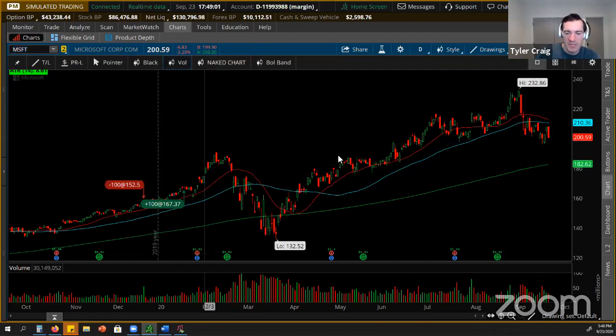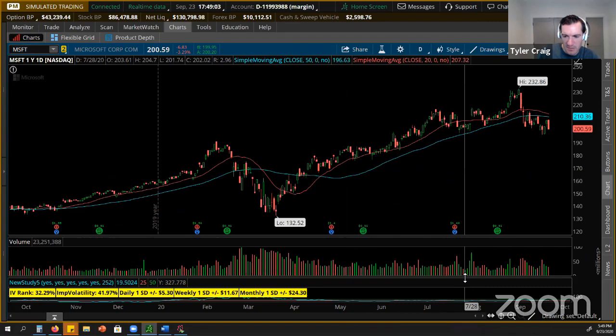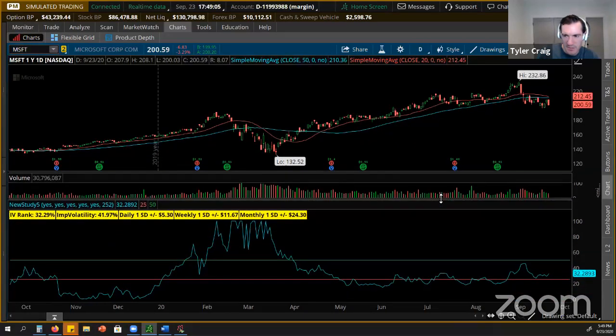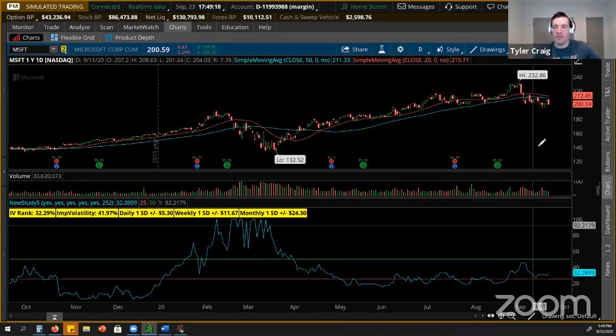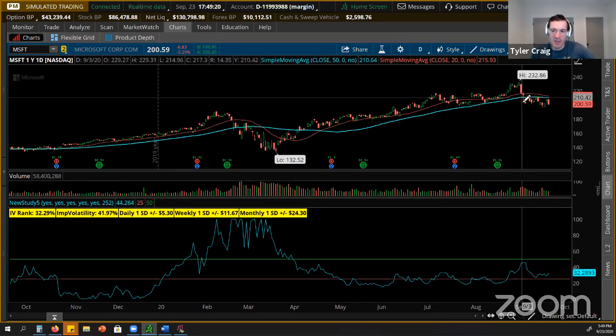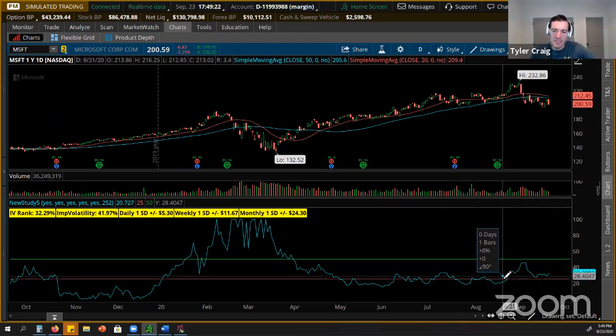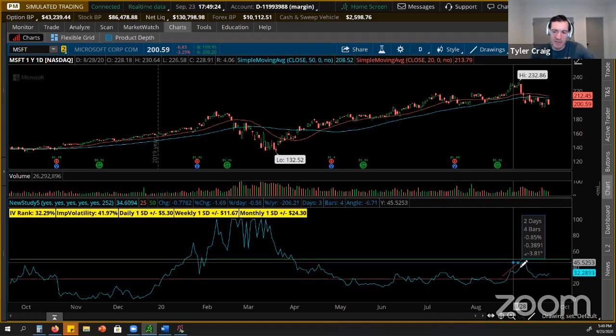But if you look at the implied volatility in Microsoft, I'll tell you one reason why I'm not as excited about this second phase of the NASDAQ sell-off. In the first phase, you had a much bigger spike in implied volatility.